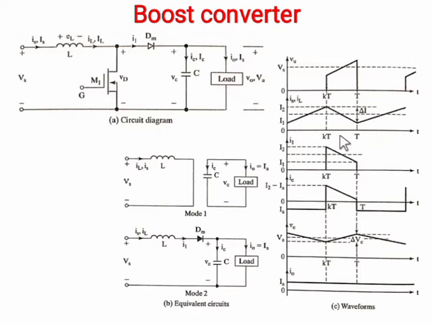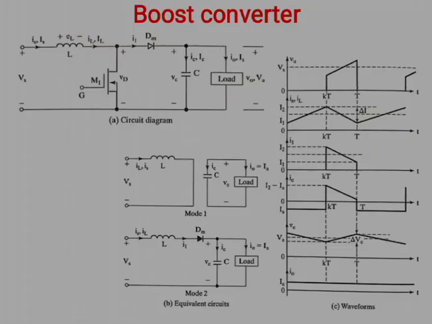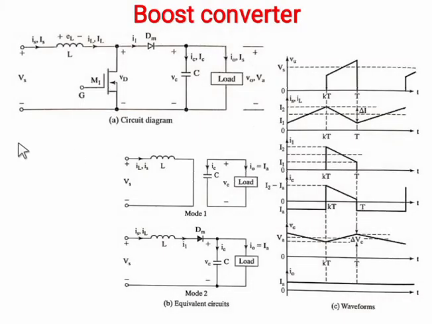So if K is the duty cycle, that means turn on time is 0 to kT, and turn off time is kT to T. Now the switch is turned on at t equal to 0. So the inductor current linearly rises from this value to this value.